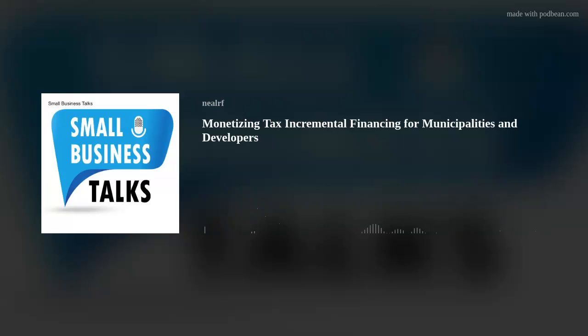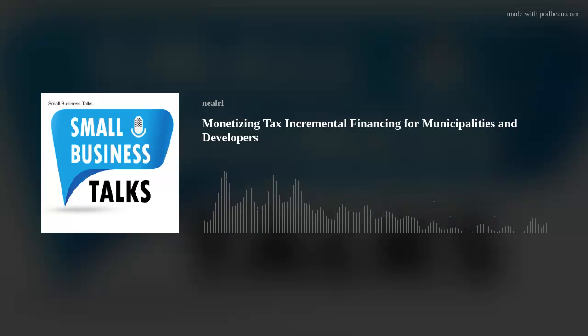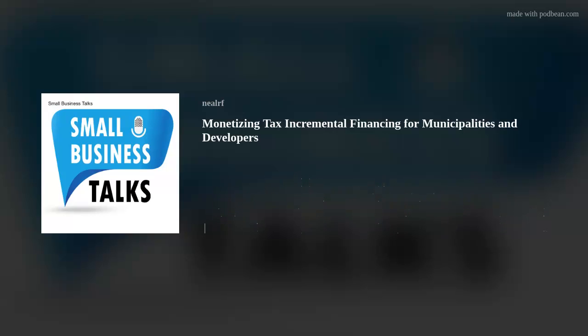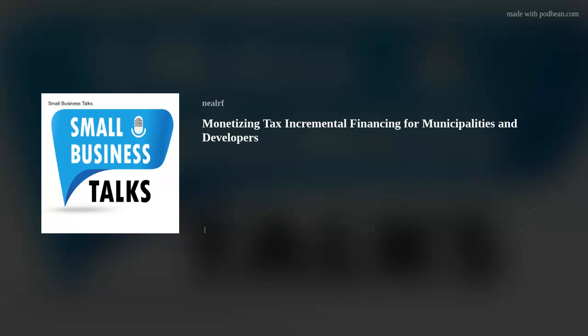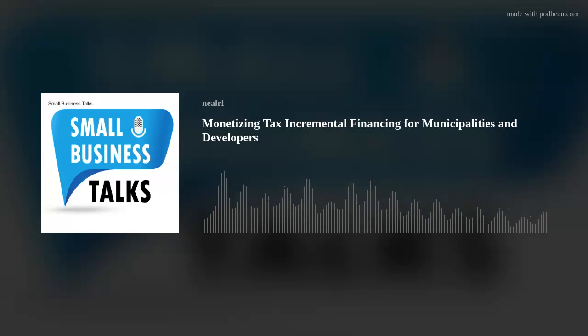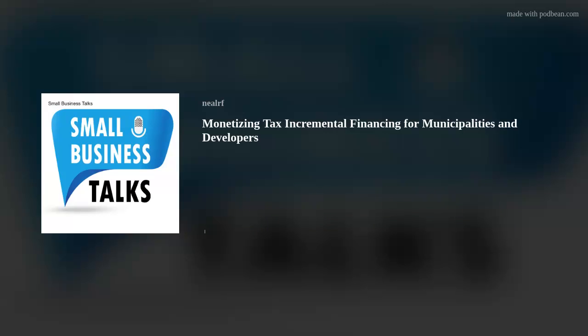Particularly to make it a more lendable project, there is an enhancement to add to the development agreement that we like to talk about, which is the minimum EAV, or minimum equalized assessed value, or a minimum guaranteed tax payment language that goes into that development agreement.